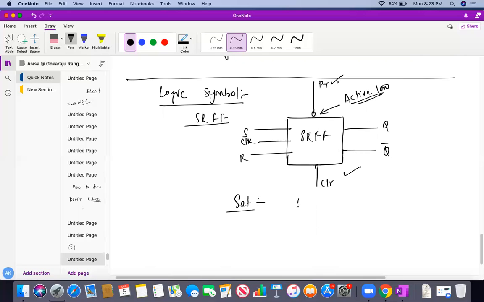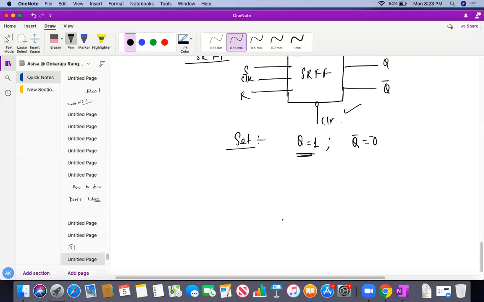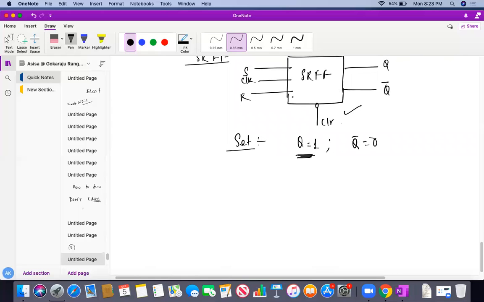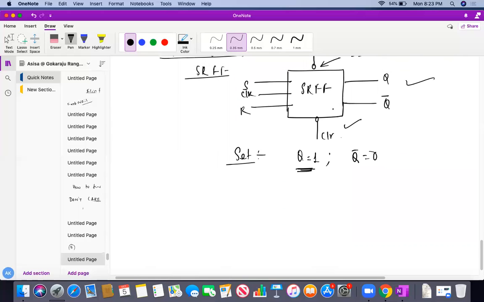Set means obviously my Q is 1 and Q bar is 0. So in order to make Q equal to 1, what do I need to do mainly? Please try to understand, very important concept I am telling you. For this particular logic symbol, what would be my preset and what would be my clear to get Q equal to 1 and Q bar equal to 0?